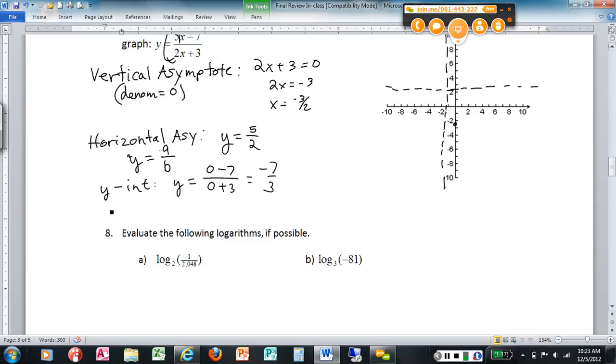The x-intercept, again, the same old, same old. For the x-intercept, you set y to be 0. And then you multiply both sides by 2x plus 3. What do you get? What happens?